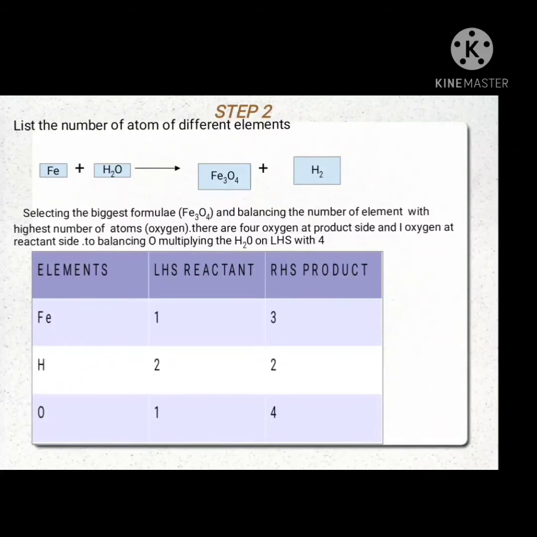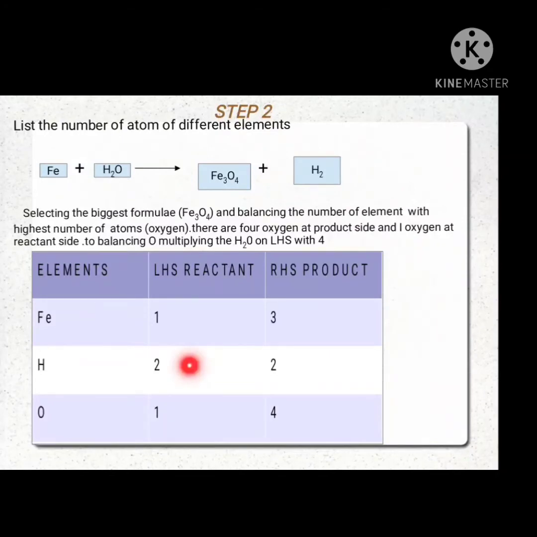Iron, Fe, hydrogen, H, oxygen, O. Then we check how many atoms of each element are present on the left hand side and right hand side. On the left hand side, only one iron atom is present. On the right hand side, it is 3.